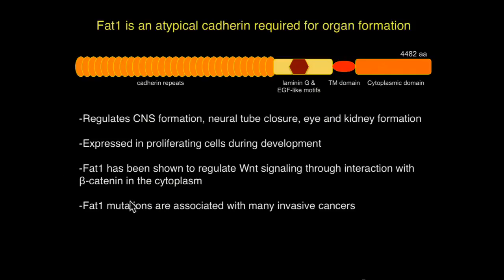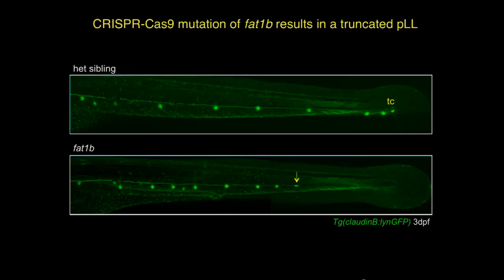And as I said, it also may regulate Wnt signaling by acting on cytoplasmic beta-catenin, perhaps sequestering it away from the nucleus and leading to downregulation of Wnt signaling. And mutations in FAT1 have been associated with many different invasive cancers, suggesting it may also be an interesting disease target.